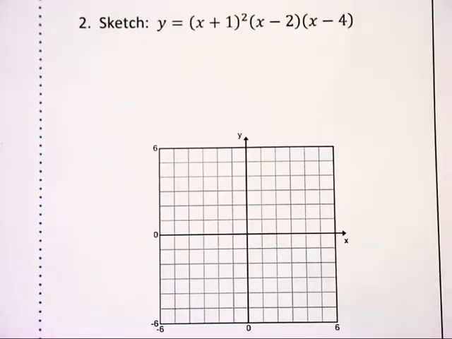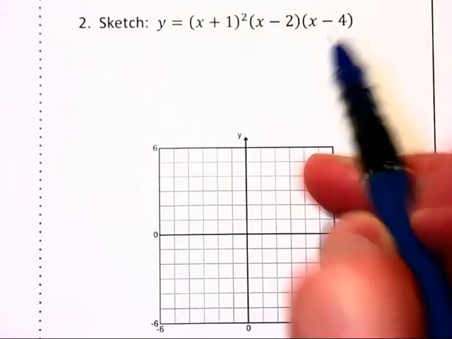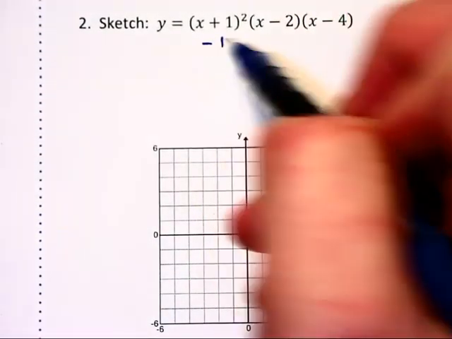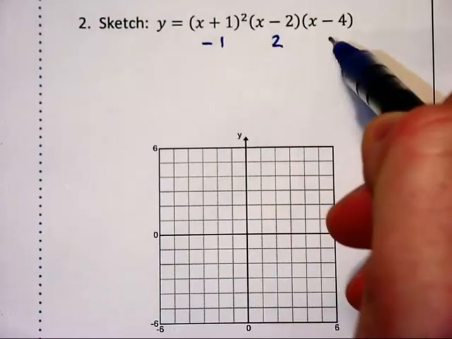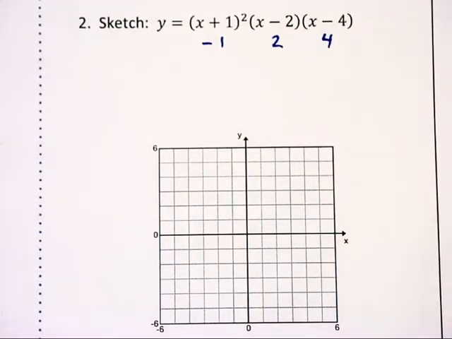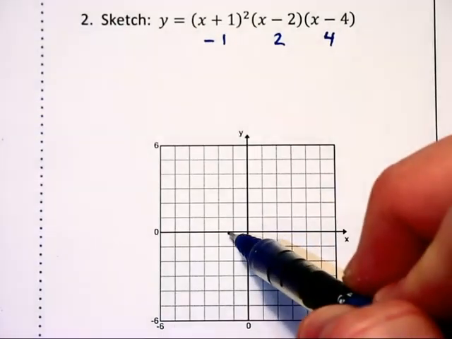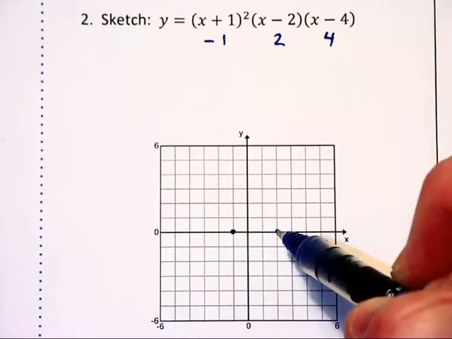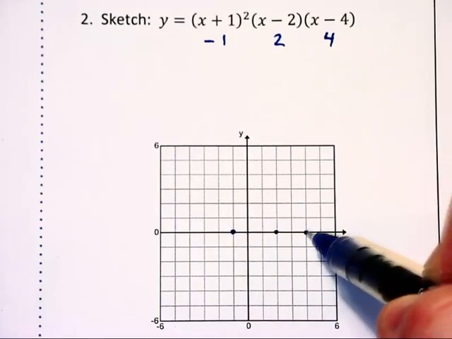We are asked to sketch this graph, and it's already in factored form for us. We can see that the zeros will be -1, 2, and 4. So I can go straight to my graph and plot those zeros, -1, 2, and 4.